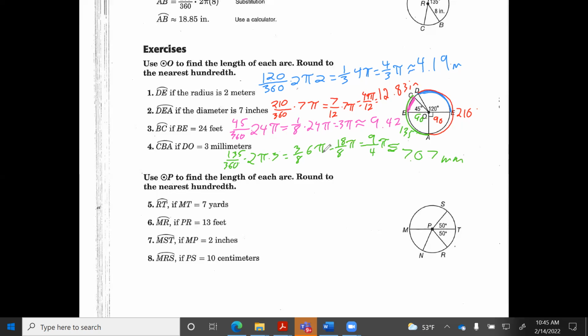Okay, as far as the assignment goes, we got odds on page 13 and 14. That's your assignment. So instead of giving you the entire page of both of those, I just want you to do the odds on both of those. It's like, I think 18 problems or something like that.